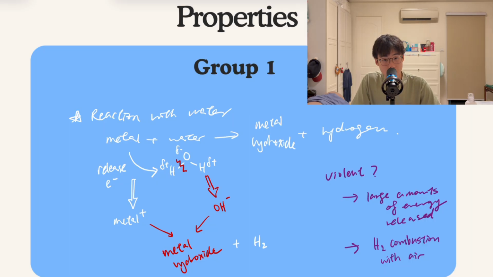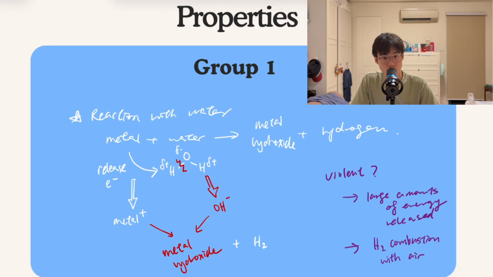Water is a molecule where electrons are not evenly distributed. Oxygen has more electrons compared to hydrogen atoms. As a result, the 1 electron in the outer shell of group 1 metals is partially attracted to the positive ends of a water molecule, which is the hydrogen atoms, because they have less electrons.